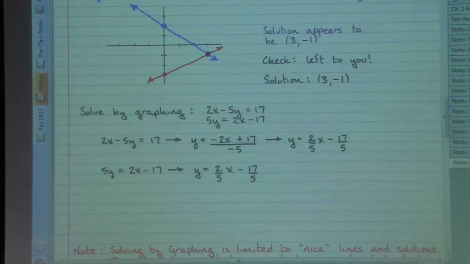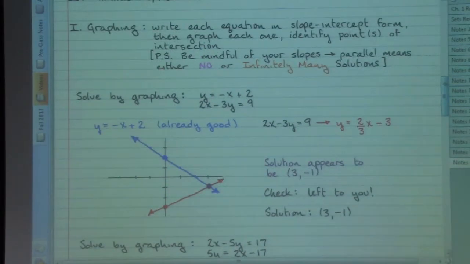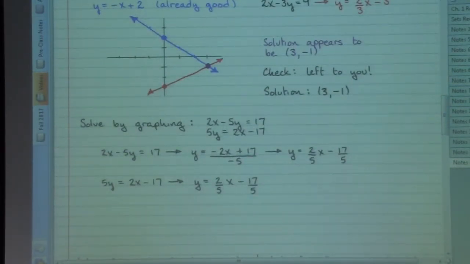So we can actually go ahead and pop right into, let's see what color I used before, orange. These are the same equations. So we would say that we have infinitely many solutions.